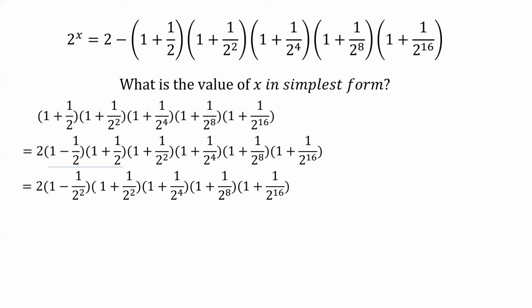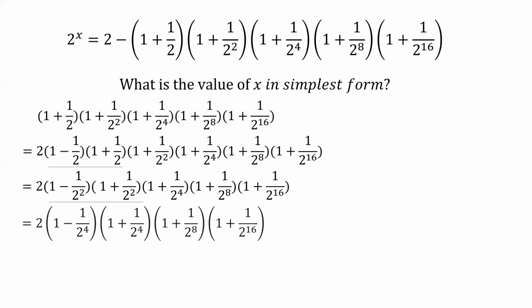Next, we combine these two terms which are underlined, and these are again of the form a minus b multiplied by a plus b, which makes a square minus b square. So these two together become 1 minus 1 by 2 to the power 4. And the process from here on is just a repetition.